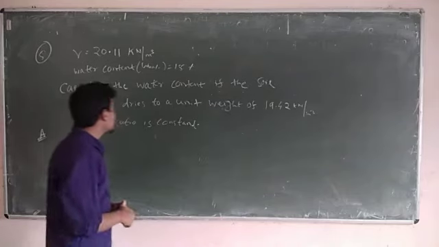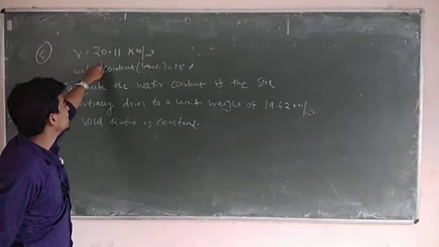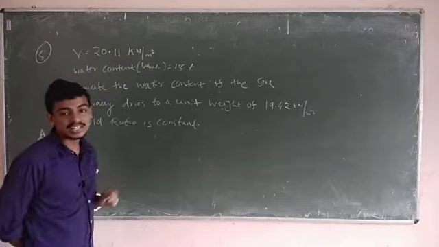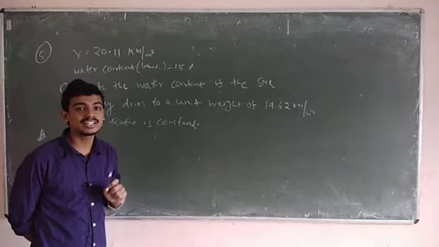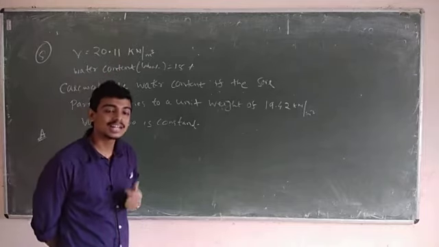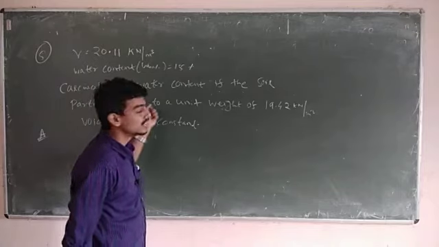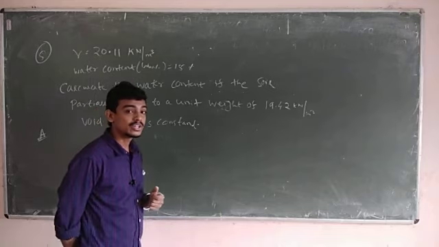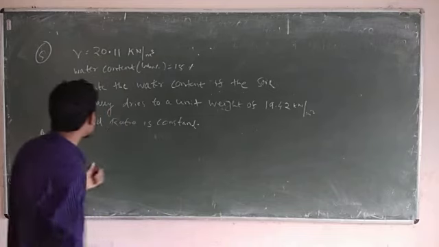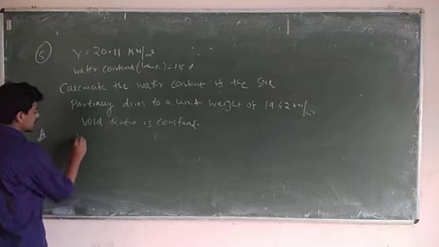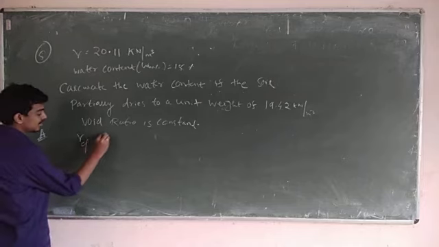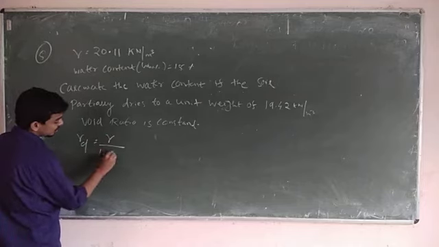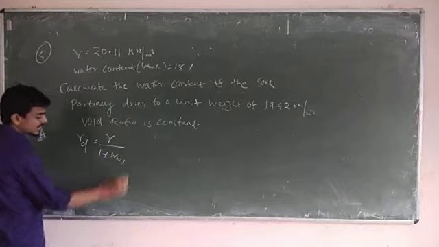By the given data of bulk unit weight and water content, only one formula is related, that is you have to find out your dry unit weight. Because it asked about soil drying, you have to calculate the dry unit weight first.